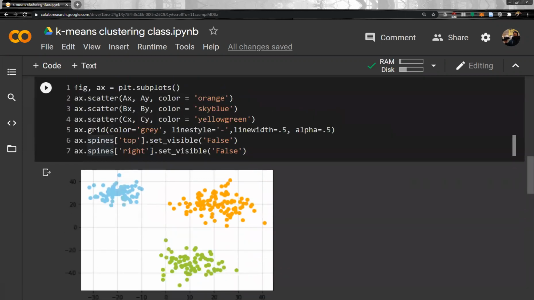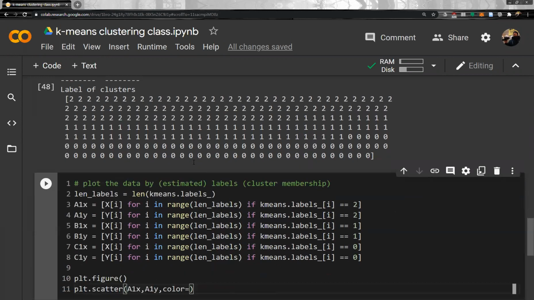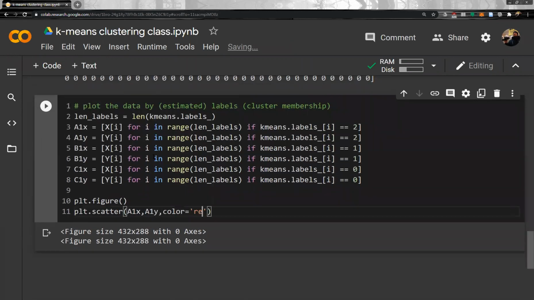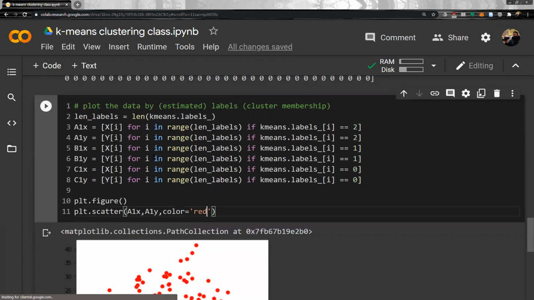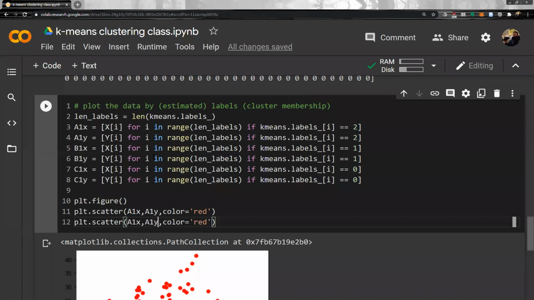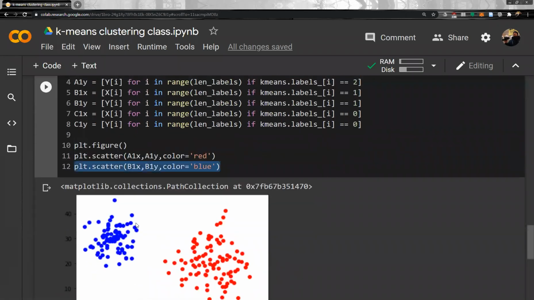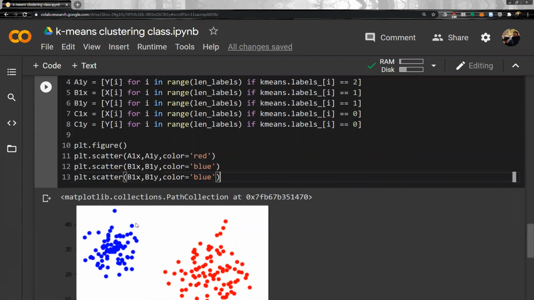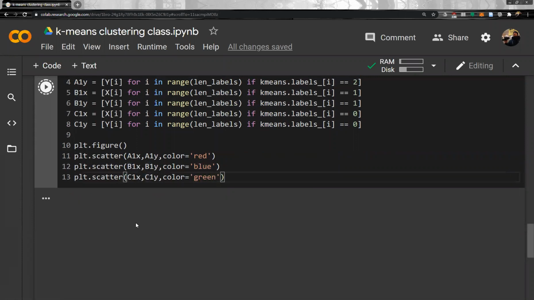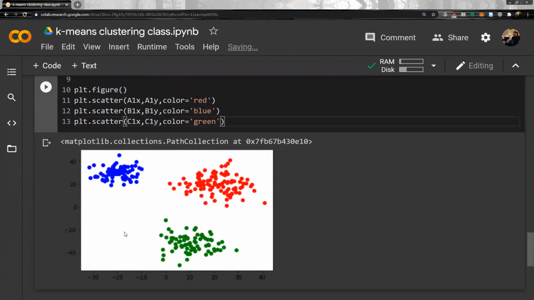The color of A was orange, right? So let's match it to red. The second, B, was sky blue, so let's say it is blue. The third one was yellow green, so C is green. Okay, so we have this one.